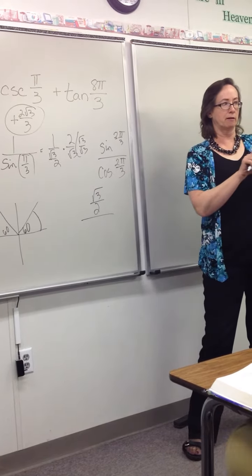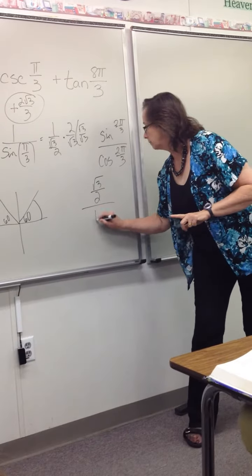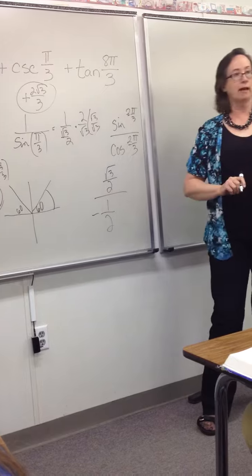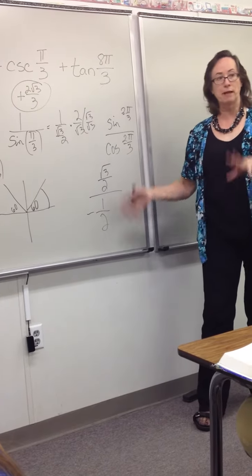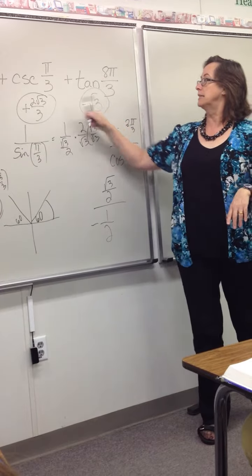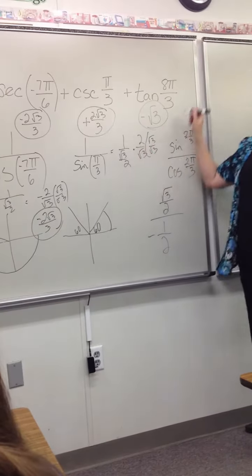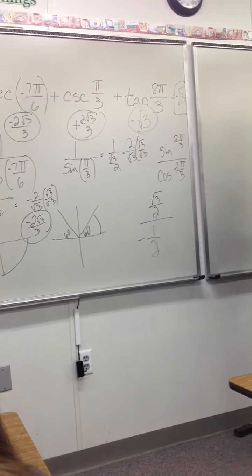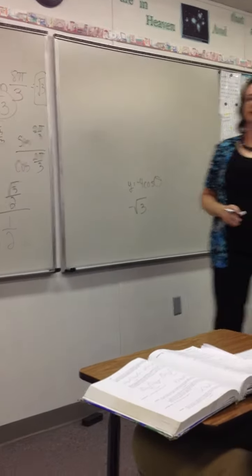Cosine of the same angle, which is going to be the short one. It's going to be 1/2. But the cosine over there is negative. So when I finish that and I multiply by 2 over 2, I get negative the square root of 3. Since these two cancel each other out, the answer is going to be negative the square root of 3. And we are done with that lesson. Thank you very much.